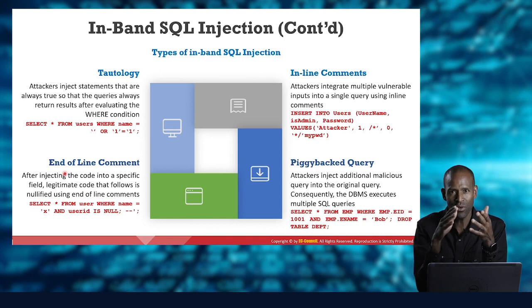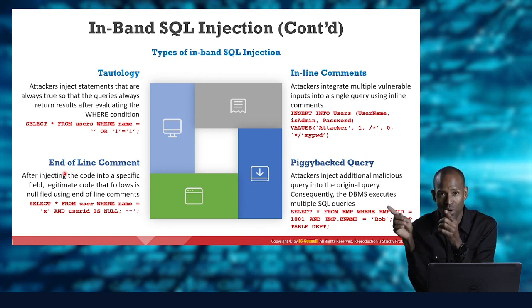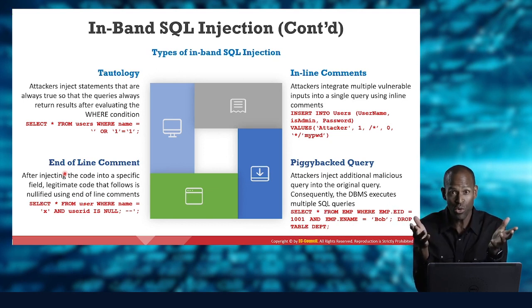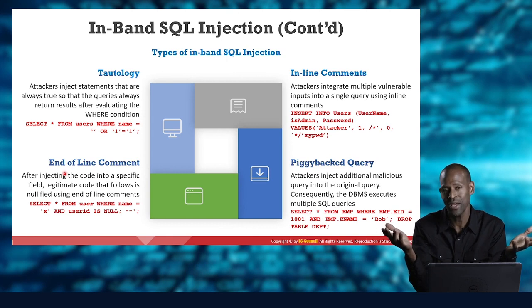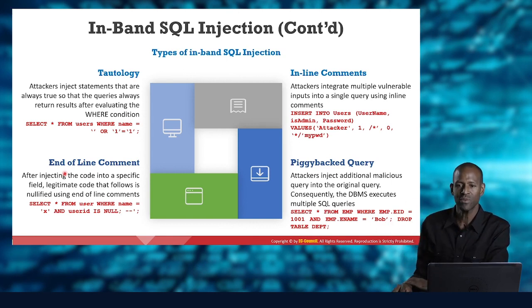But after the 1 equals 1, I put a dash dash, and that means that the part about the password is just a comment. So the true from 1 equal 1 applies, and nothing else does. Hey, what do you know? So that's what that end of line comment is.